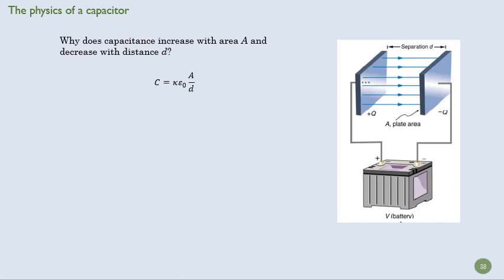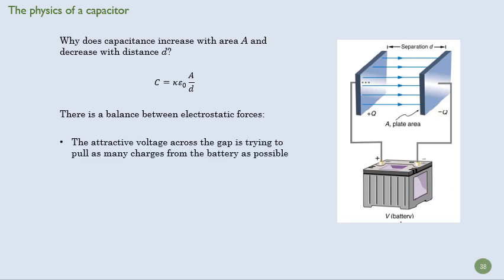So why does capacitance increase with area and decrease with distance? Let's look a little bit at the physics of this. This is our equation for capacitance. Remember, this is a physical characteristic of the capacitor. This only has to do with the material, kappa, with the size, and with the distance. There's two things going on in a capacitor.